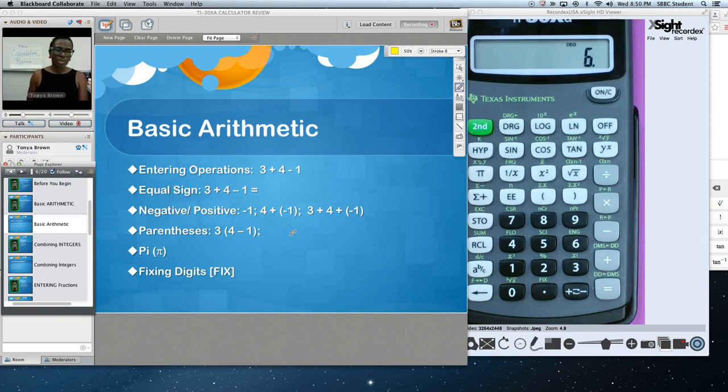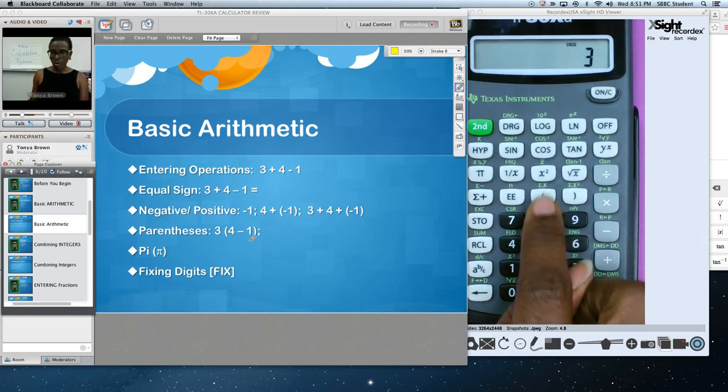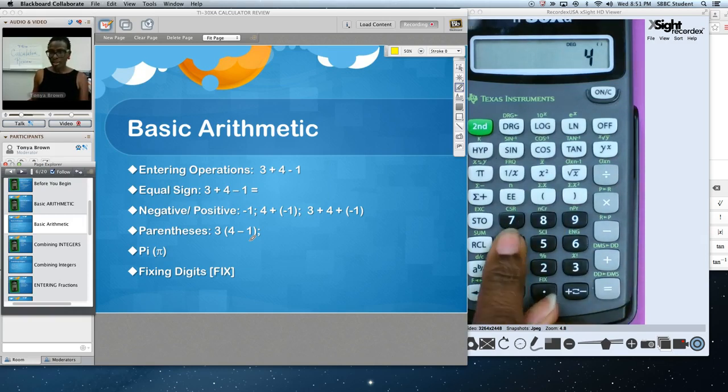Now I'm going to go over parentheses very briefly because you don't really have to use parentheses if you know how to use order of operations. You don't have to enter it into your calculator. However, I do want to show you how we enter that. So if we're doing parentheses, we're going to press 3, then open parentheses, which can be found right here above the 8, open parenthesis, 4 minus 1.